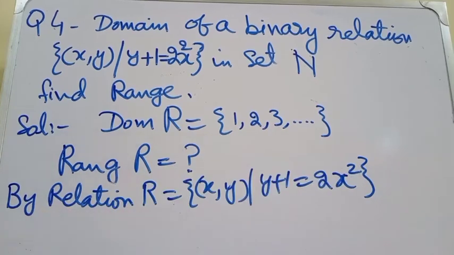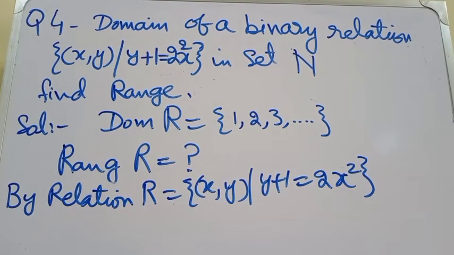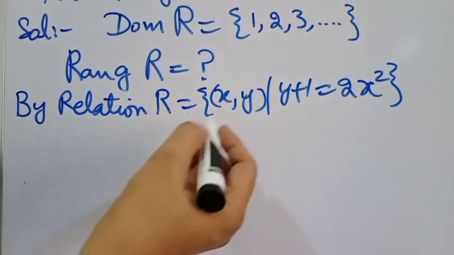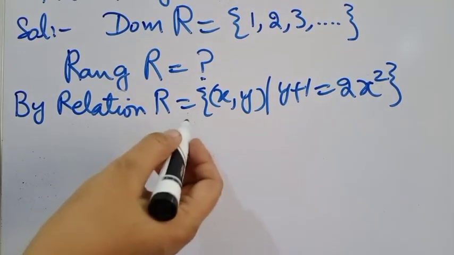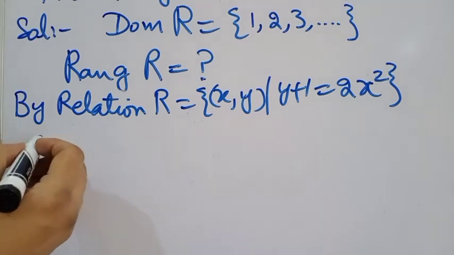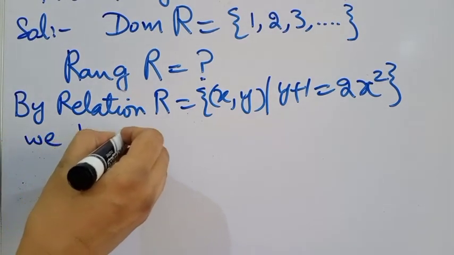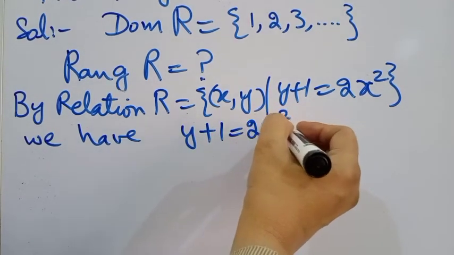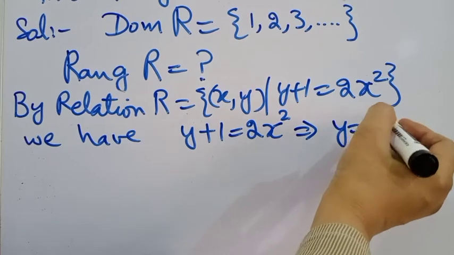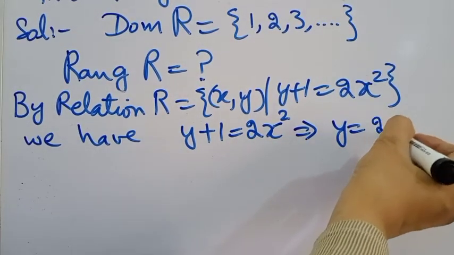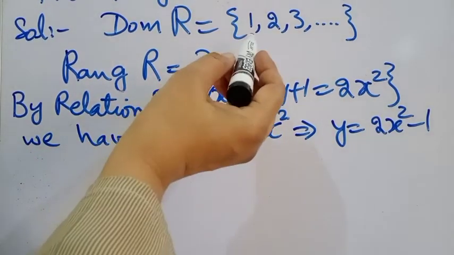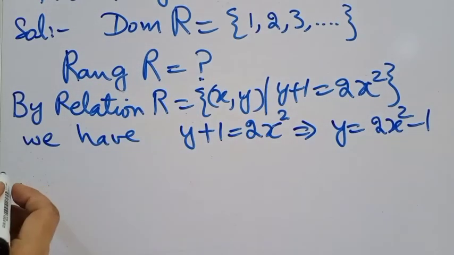This condition must be satisfied by every ordered pair of set R. So we have y plus 1 is equal to 2x square. We simplify it because we have to find the value of y. So we write it as 2x square minus 1. We have domain of R equal to 1, 2, 3 and so on.